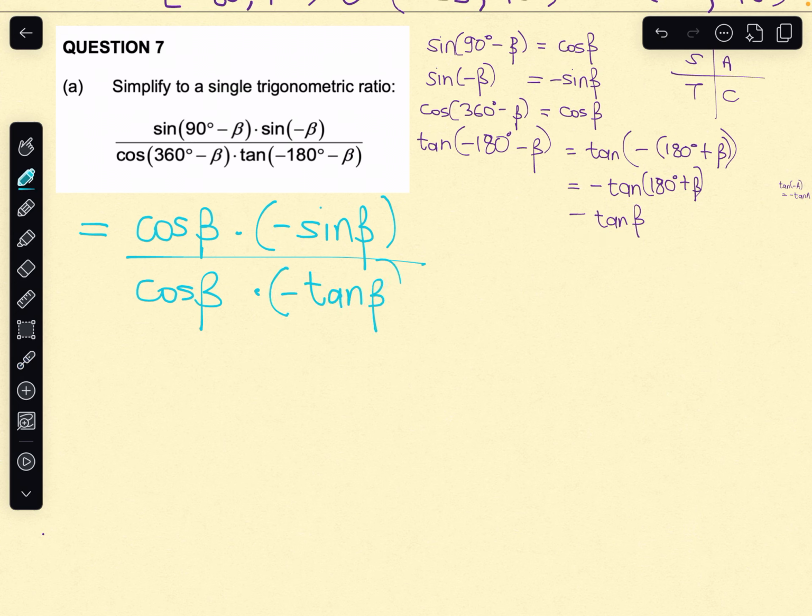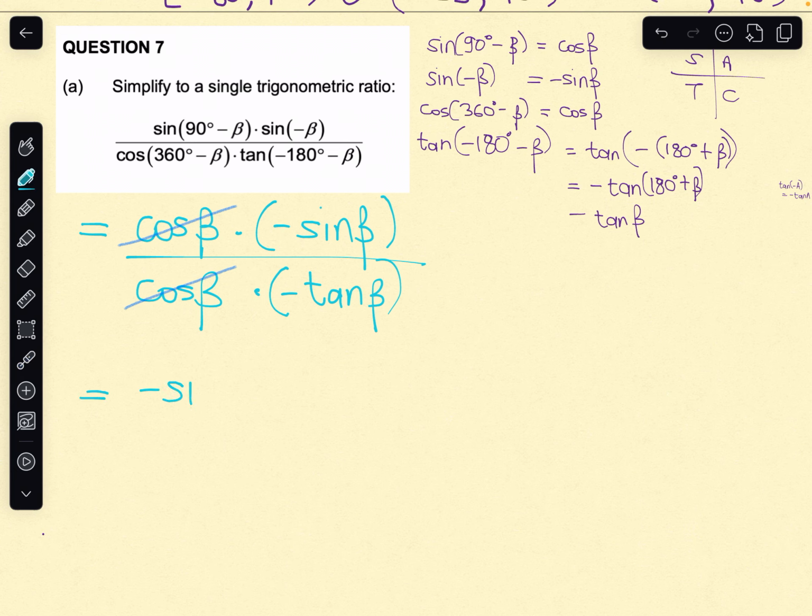Okay, and because we have one term at the top, one term at the bottom, right? This is just something times something over something times something. We're not adding and subtracting, so we can cancel. There's a common cos beta. And then over here, I'm going to rewrite the tan as sine over cos and see if we get an opportunity to cancel.